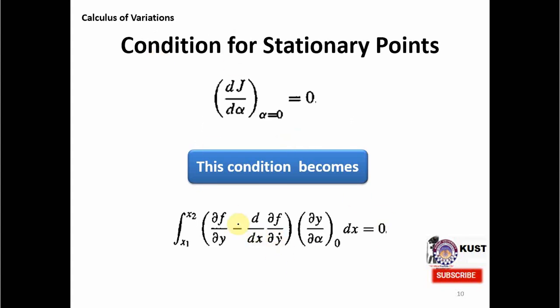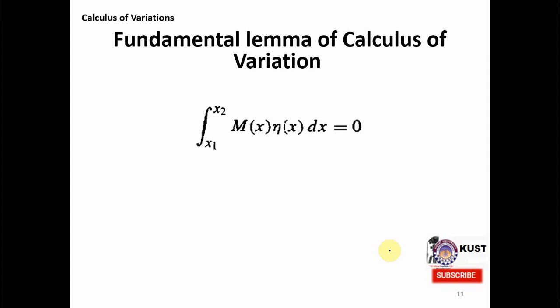So from here our third part of the lecture starts, where we want to understand this stationary points condition, and in order to understand it we are trying to understand this lemma.